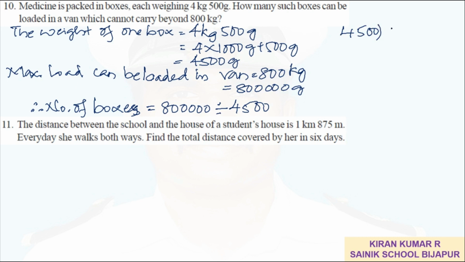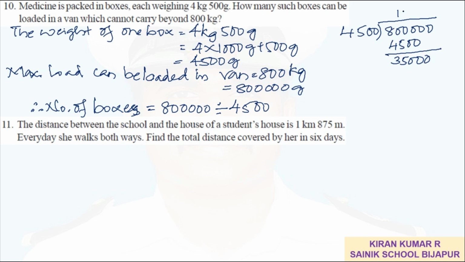So 4500 divides 8 lakh. 4500 one time is 4500. Upon subtraction, I'll be getting 3500. I'll take 1 zero.